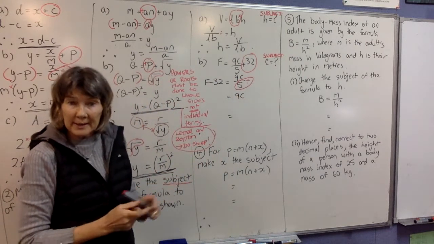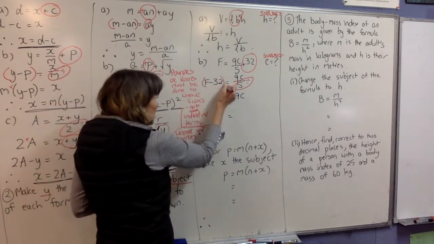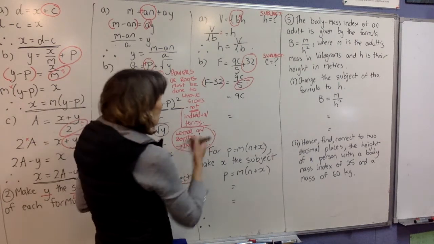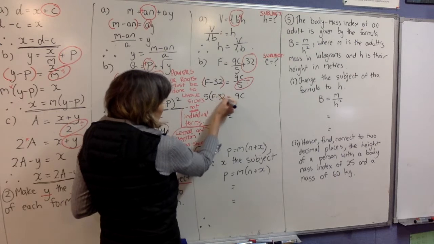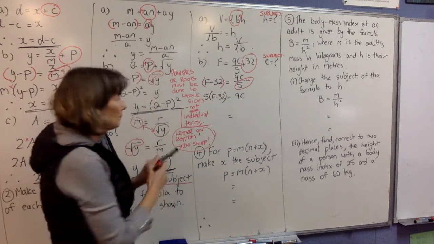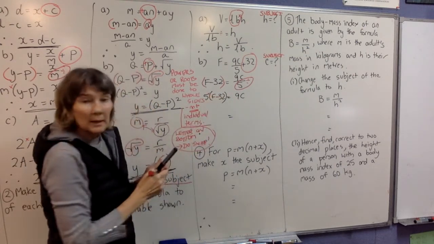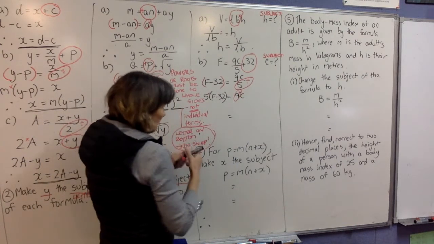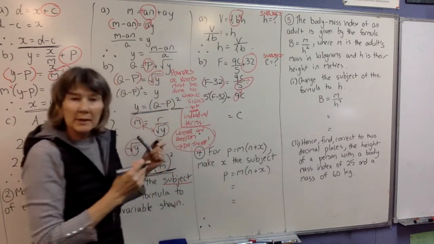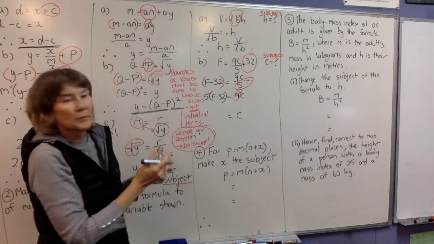Now remember, the easiest way is put all this in a bracket and do your multiplying by 5 to the whole thing. Like that. Okay. Next step, we're getting rid of our 9. So we're going to come over to the other side and take the whole thing and divide by 9.